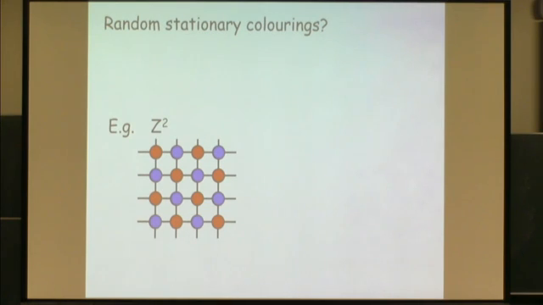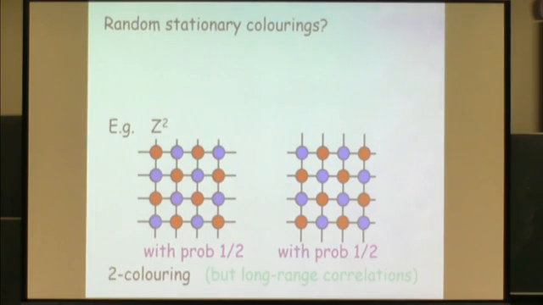Again, in Z^2, there are precisely 2 deterministic 2 colorings. You can do a checkerboard one way round or the other way round. Those are the only 2. And if you want a stationary random 2 coloring, then you'd better take this whole thing on the left with probability half and this whole thing on the right with probability half.